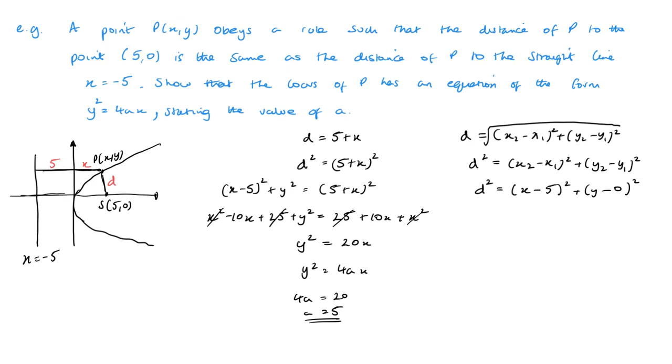We have shown that it is in the form of y squared equals 4ax here, and we found the value of a. Okay, so that's how you go about showing it. So when it's a show that, you can't just jump straight in and just state. You actually have to show it.